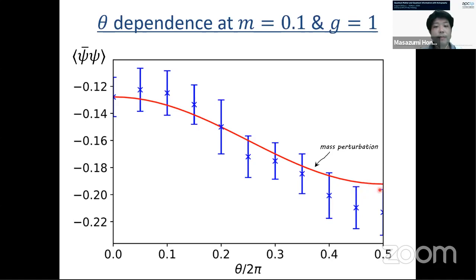We have a small deviation around theta equals pi, but this may be related to the fact that the energy gap is smaller around theta equals pi.